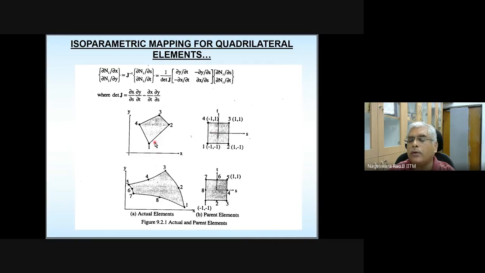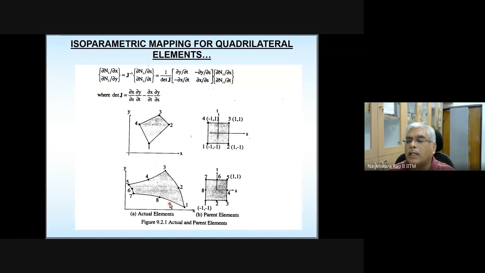This is for a 4-node element and an 8-node element. The 8-node element is a quadratic element. To emphasize that, the edges of the actual element are drawn for a more general case of having curved edges. Why is the 8-node element shown like this, whereas straight edges are shown here?